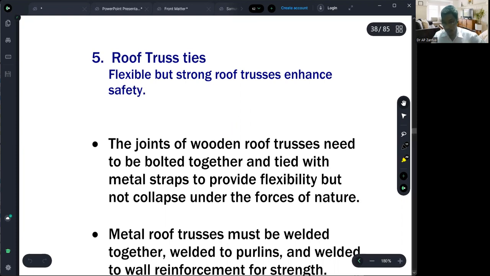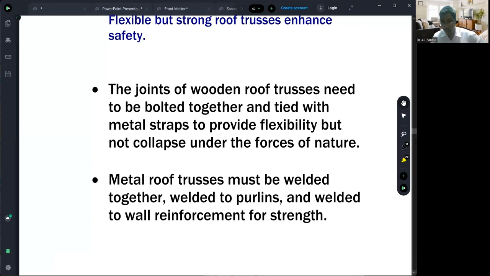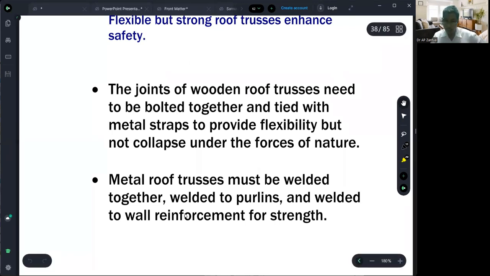But if the roof truss is made of wood or steel, we can connect the column and beam to those elements by using ties, brackets. Metal roof trusses must be welded to purlins and welded to wall reinforcement for strength.